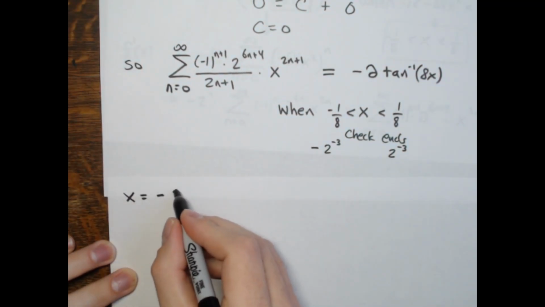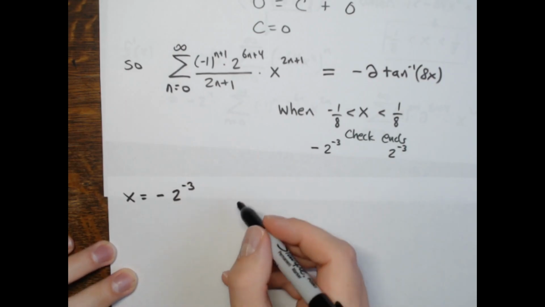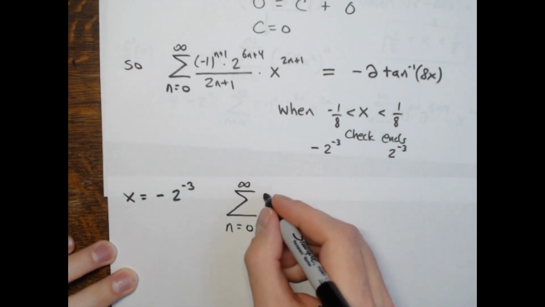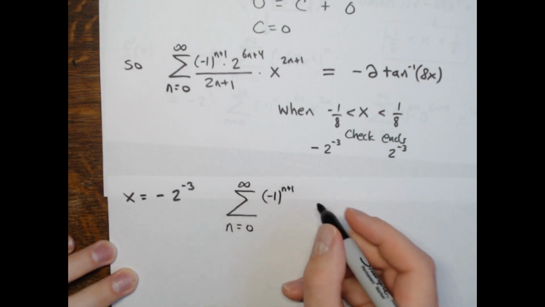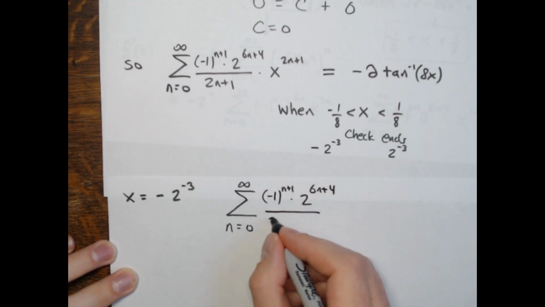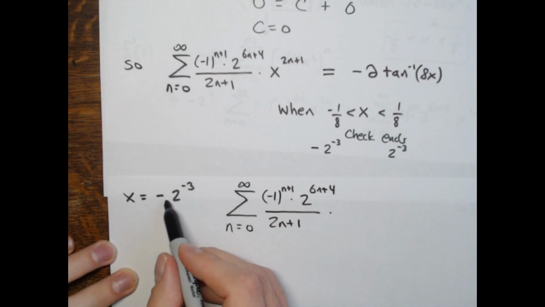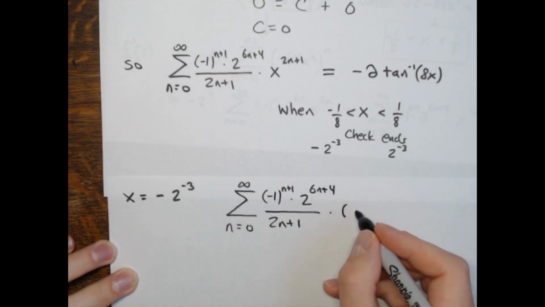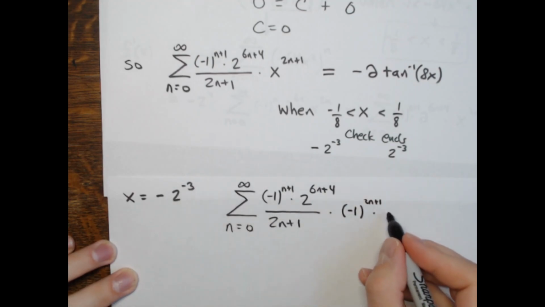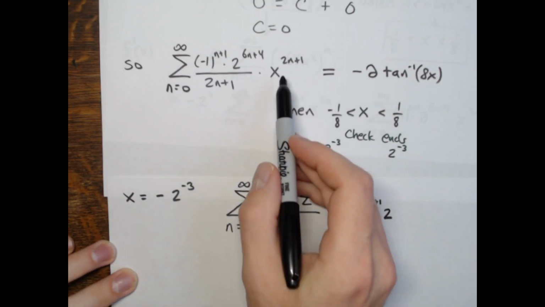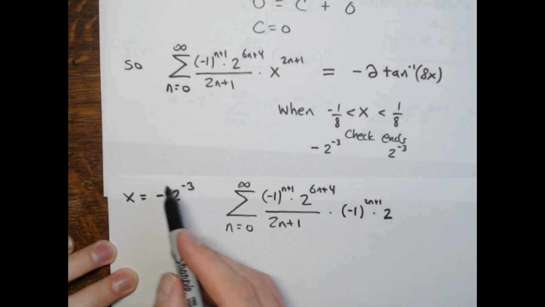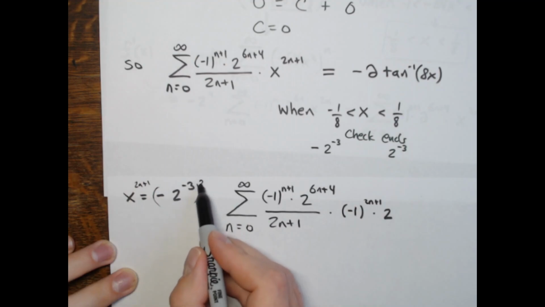When x equals negative 2 to the negative 3, negative 1/8, here's what the sum looks like: the sum from n equals 0 to infinity of negative 1 to the n plus 1 times 2 to the 6n plus 4, divided by 2n plus 1, times negative 1 to the 2n plus 1, times 2 to the negative 3 raised to the 2n plus 1 power.